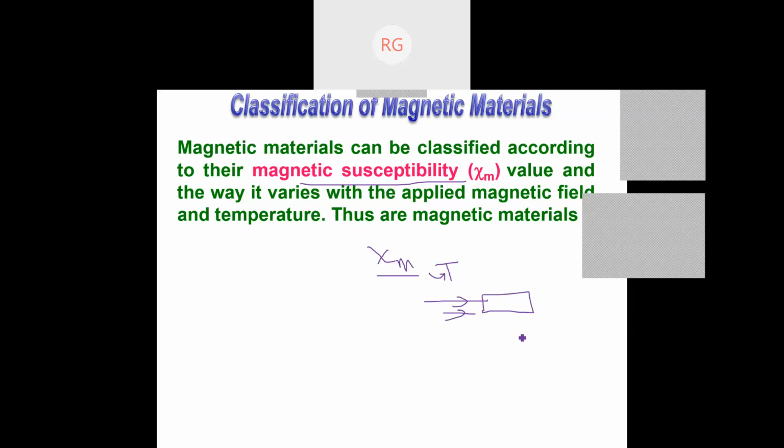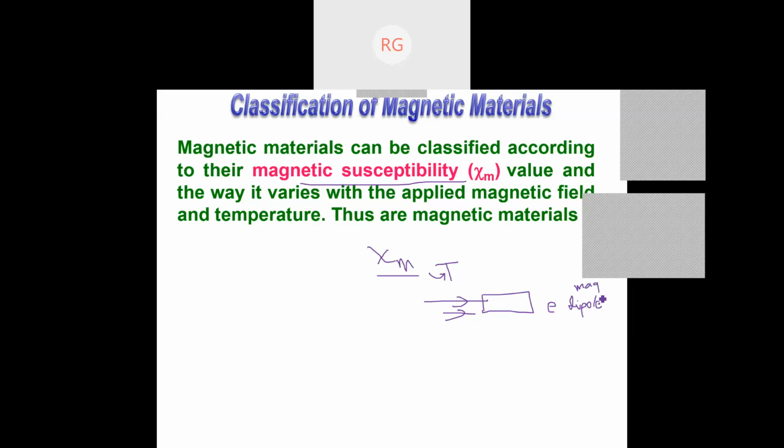And based on another one, as we have seen, there are electrons revolving around the nucleus and giving you dipoles. These dipoles, spin dipoles or orbital dipoles, or a combination of these, give us the dipole moment. And how these dipoles are arranged in a material, depending on this also you can segregate the materials.